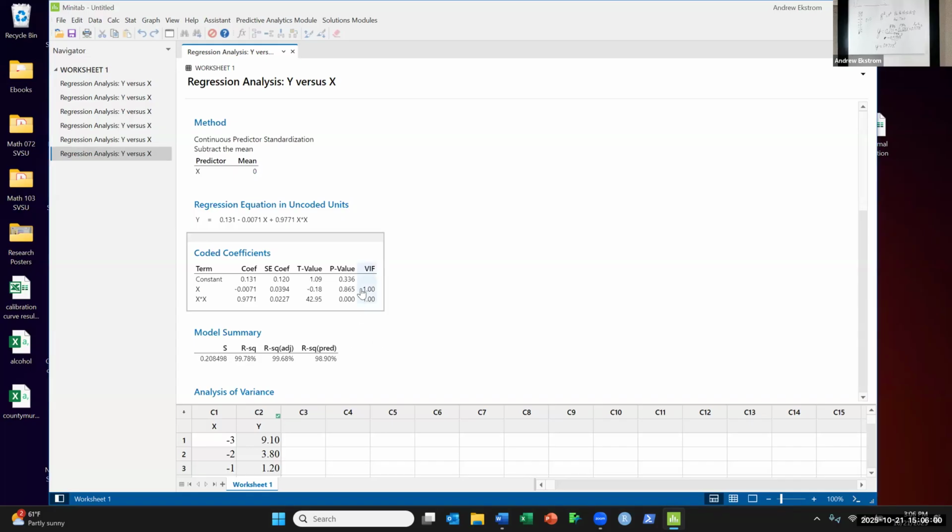And looking at what we have here, we've got a slightly different model from what we had before. The VIF for the two terms in here are both 1, which is something that we really want to have. Again, this table is telling us about the coefficients.